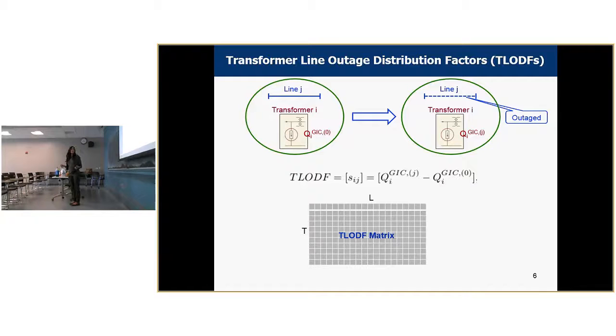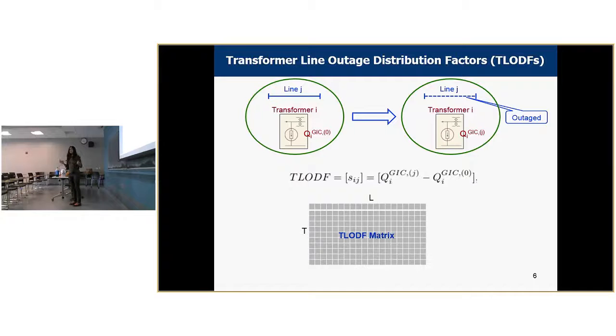So similar to line outage distribution factors, or LODFs, that are typically used for AC analysis, we define a transformer line outage distribution factor, or TLODF for short, and we use that as the criteria for line selection. So TLODF, as you can see in this example, is the amount of loss reduction that you get, say, in transformer i, if you open line j.